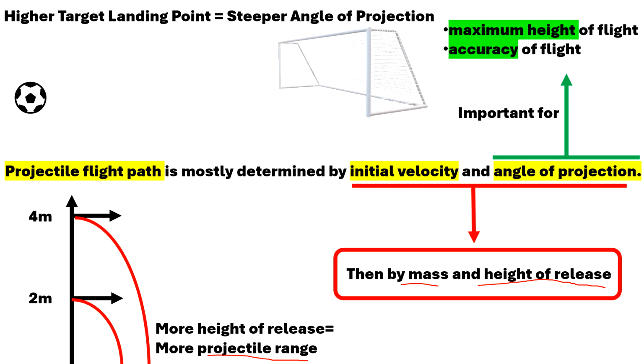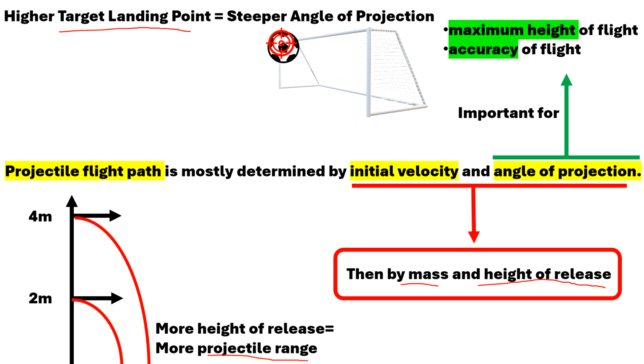Now, if this would be ground level, we first need to look at ground level. If the target landing point is higher, like this top bins, you'll need a steeper angle of projection in order to reach there, okay?